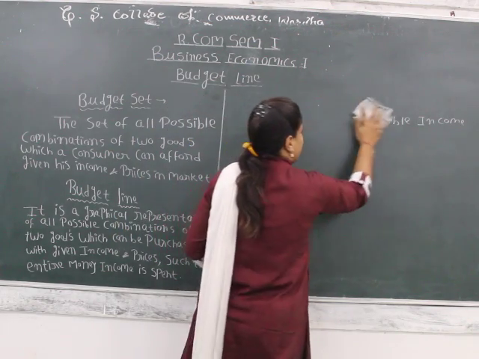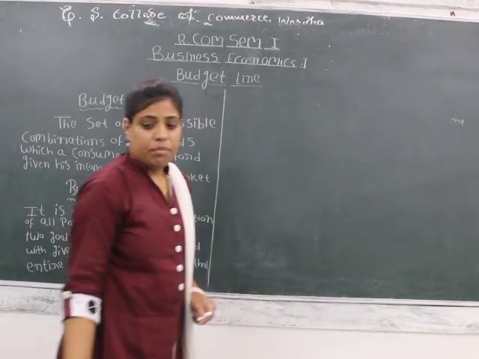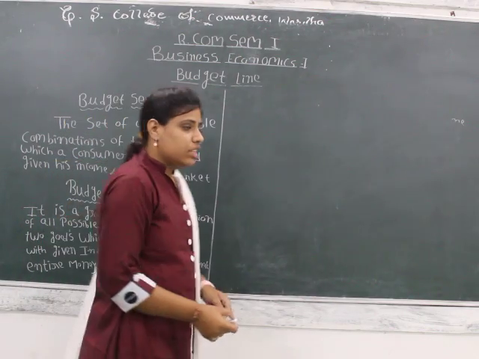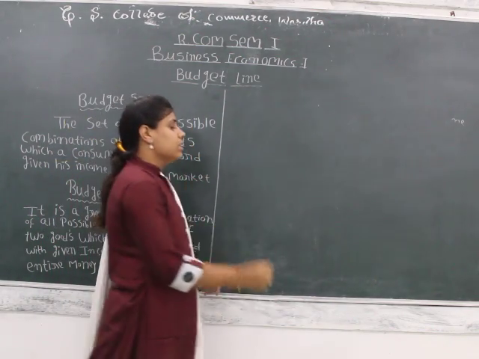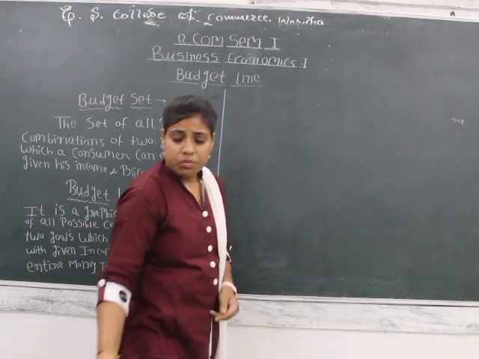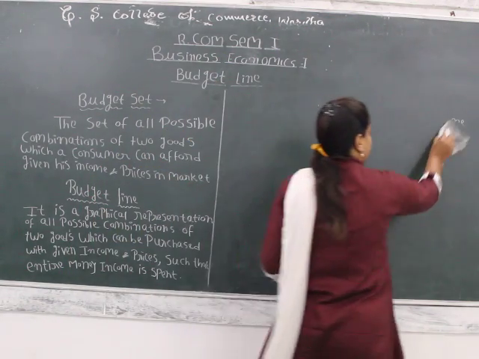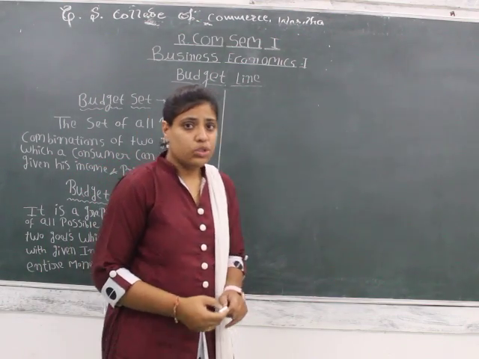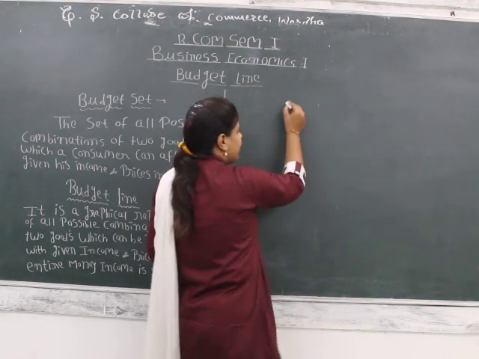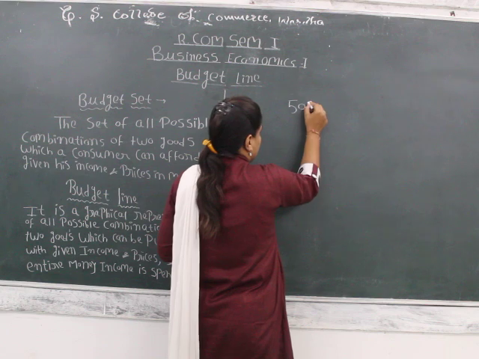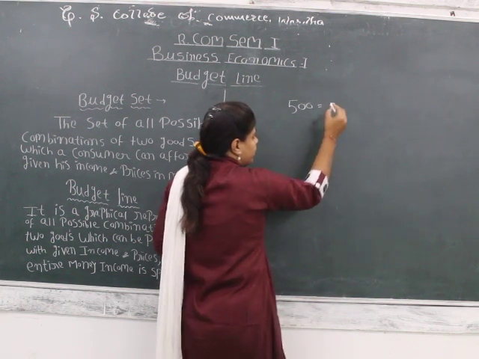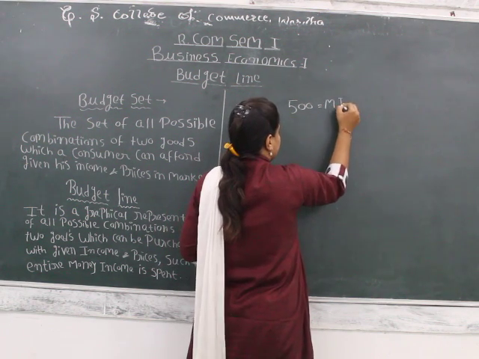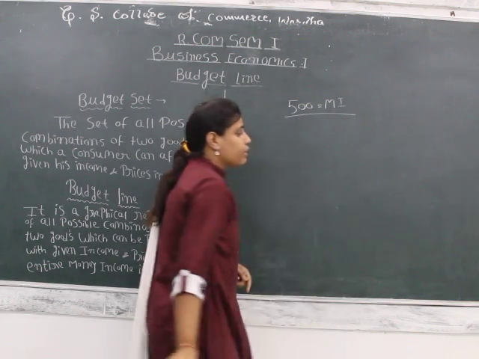So now we will take another example to understand the concept of budget line. Just assume you are having your birthday and you want to give a party to your friends, and you have 500 rupees, meaning your disposable income or money income is 500 rupees.